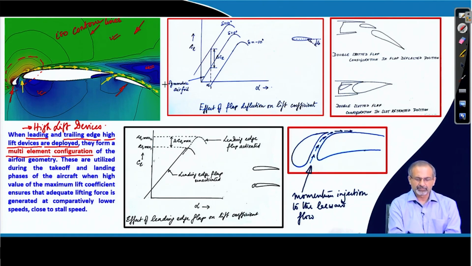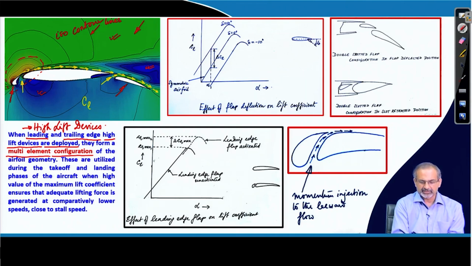And from the flow features, we find that there is no large scale flow separation like effects that we can see over here. We do not see very large eddies, reverse flow or recirculating flow, etc. So, that basically means that this is indeed generating substantially high lift.